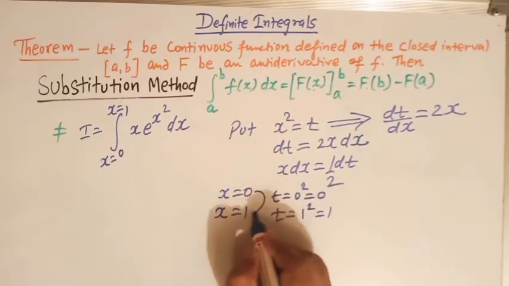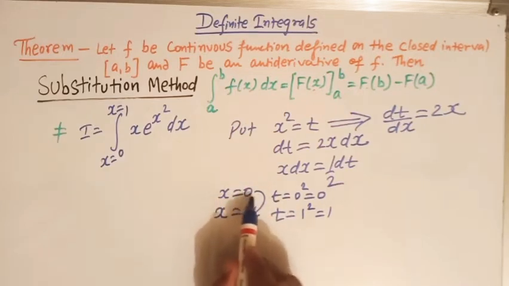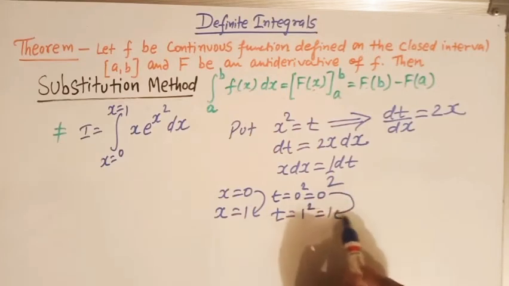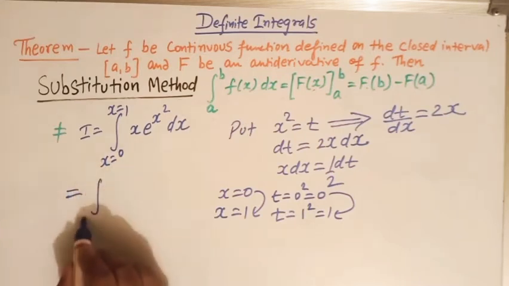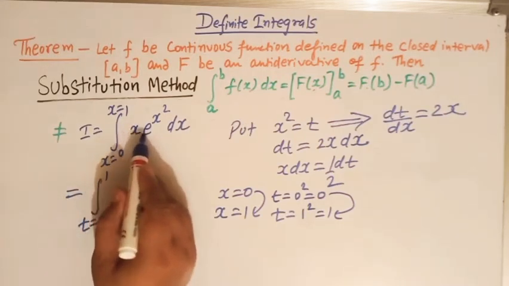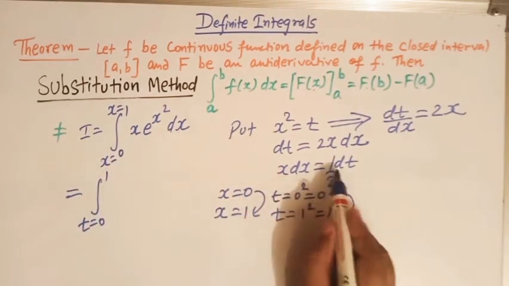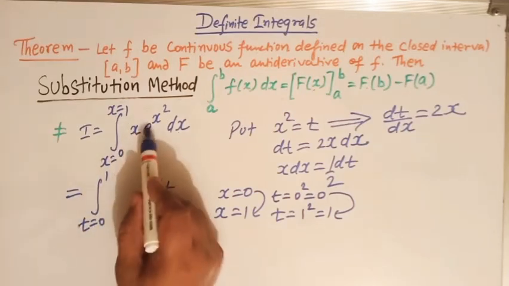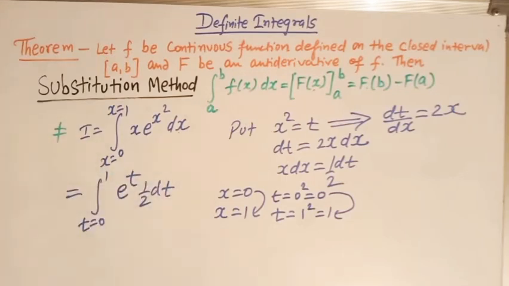So when x varies from 0 to 1, t also varies from 0 to 1. So the limits change to 0 to 1, and for x dx we have half dt here, and for e raised to x square we have e raised to t, right?